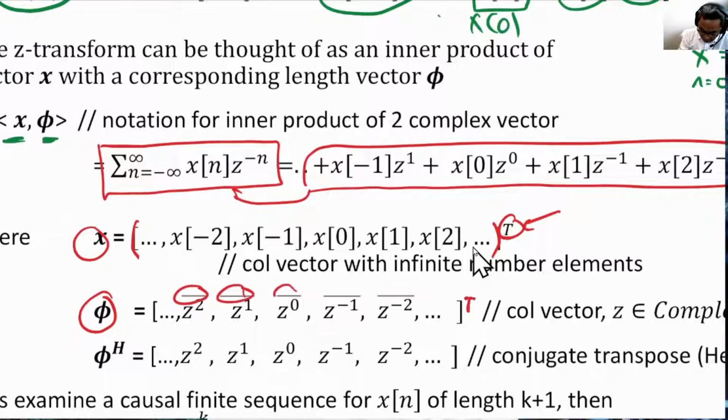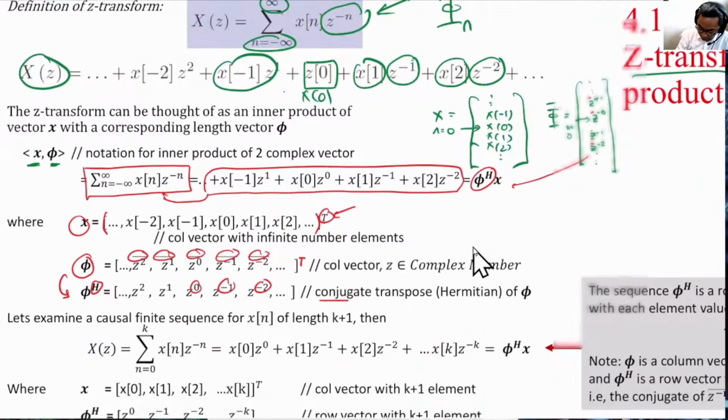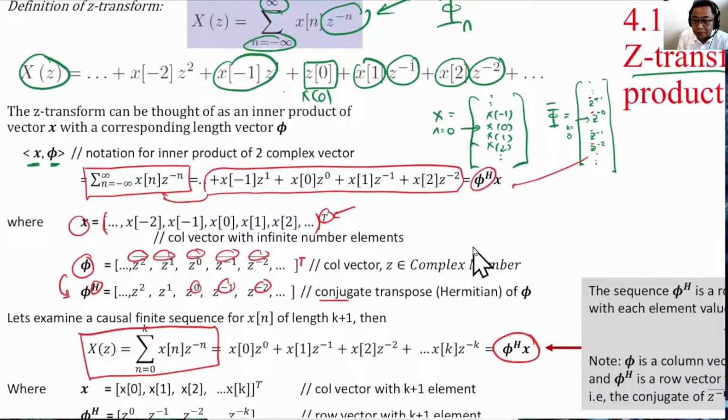Its entries are complex conjugated, and later on, when we want to make it into a row vector, we need to perform something called conjugate transpose, meaning we transpose as well as conjugate each element. This is so that we can obtain phi Hermitian x to represent this equation over here.